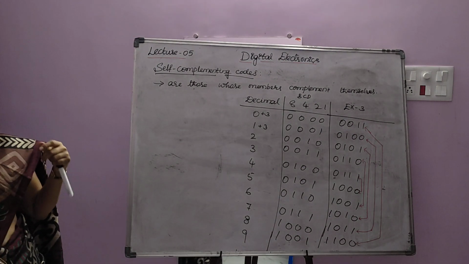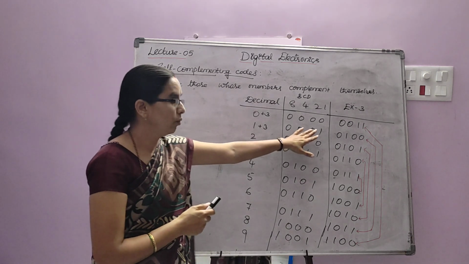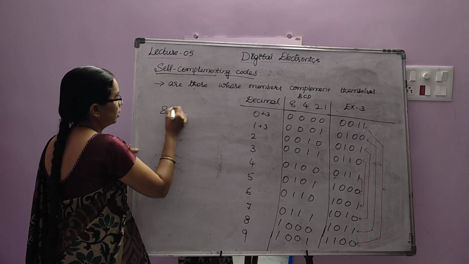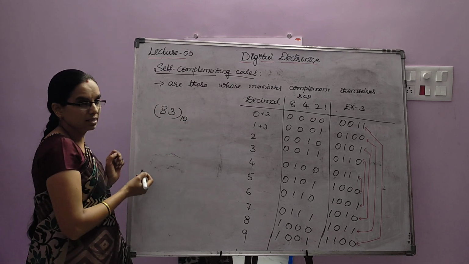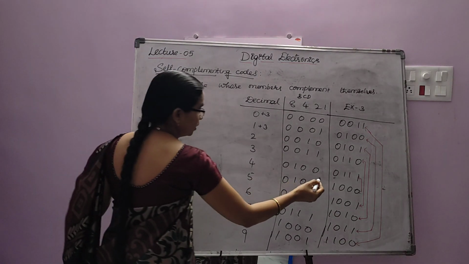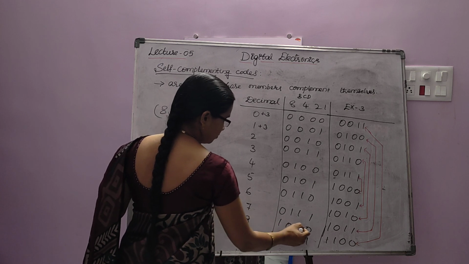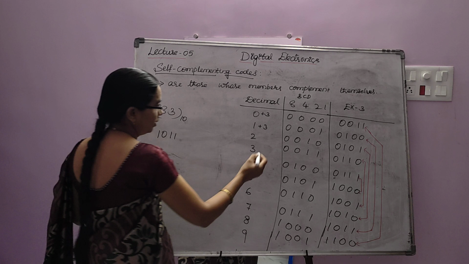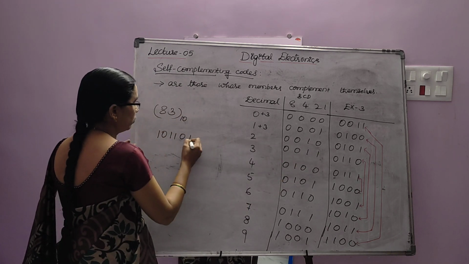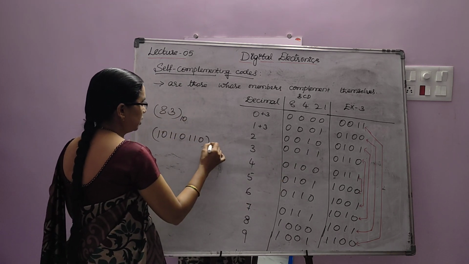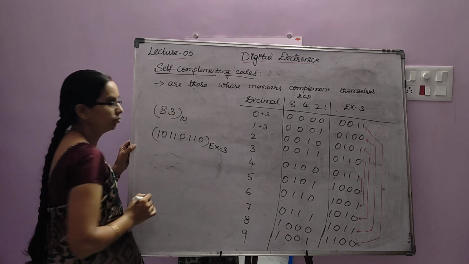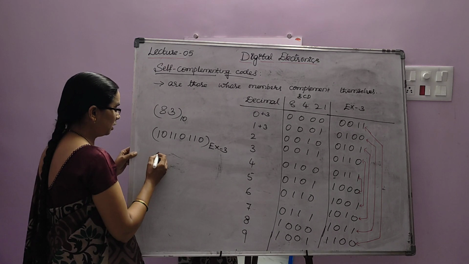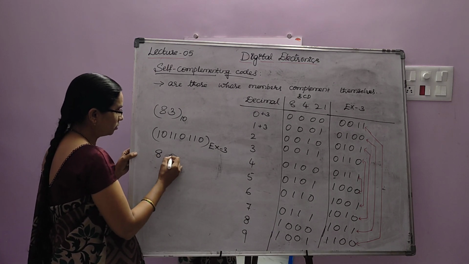So, you can represent excess-3 code in the table and easily convert the given decimal number into excess-3. For 8, it is 1011. For 3, it is 0110. This is the excess-3 equivalent of decimal 83. Or if you don't want to write the table, there is a process.